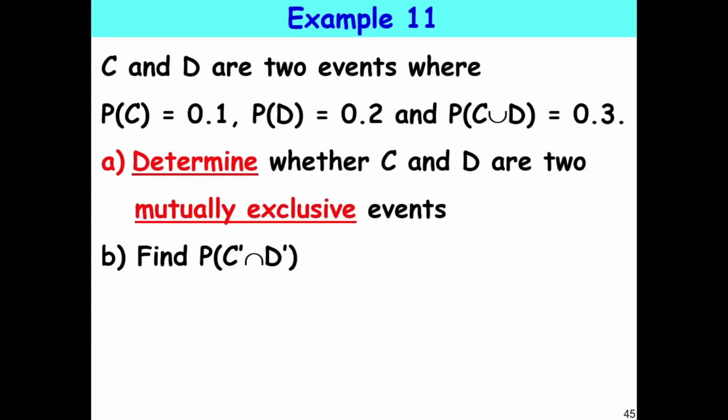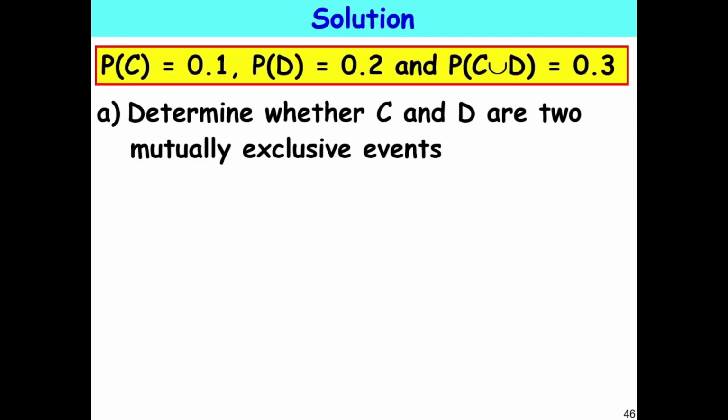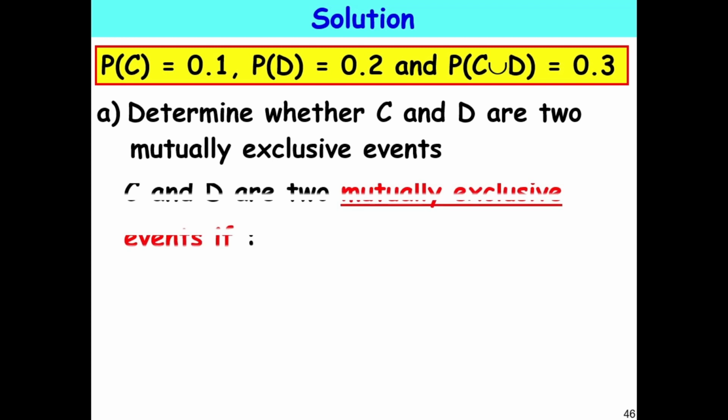Example 11. C and D are two events where P(C) equals 0.1, P(D) equals 0.2, and P(C union D) equals 0.3. So we take out the information first. P(C) equals 0.1, P(D) equals 0.2, and P(C union D) equals 0.3.